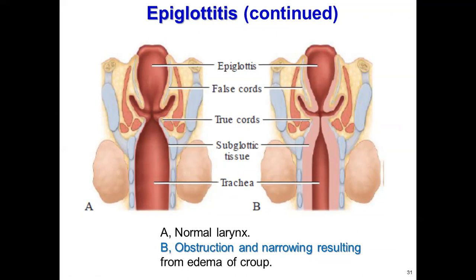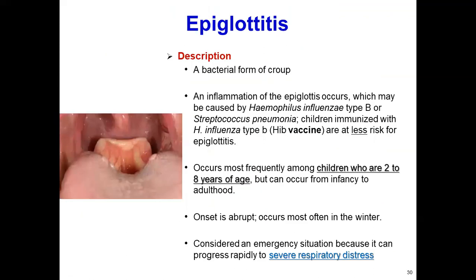So what is the major organism that can cause epiglottitis? We call it Haemophilus influenzae type B. Let me read it. Epiglottitis, an inflammation of the epiglottis, may be caused by Haemophilus influenzae type B or Streptococcus pneumoniae.